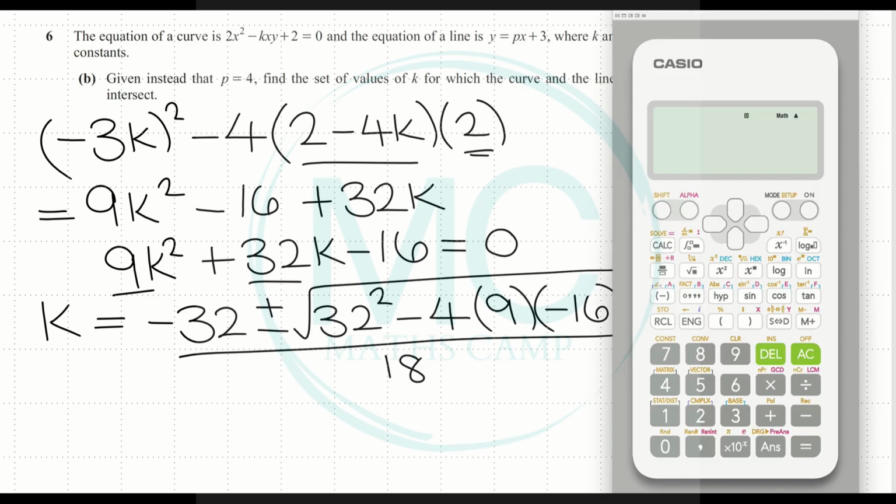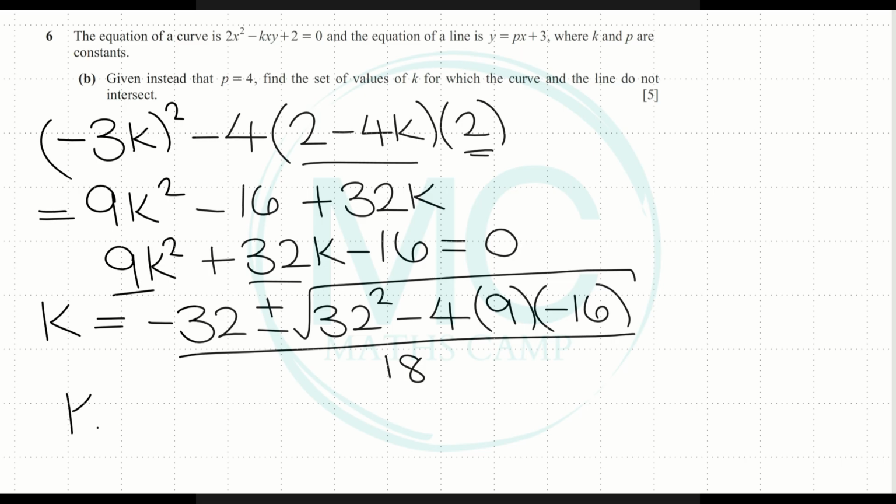Now we can find the values under the root. So let's take our calculator, and we say 32 squared minus 4 multiplied by 9 multiplied by negative 16, close the bracket, is equal to 1600. Let's square root, and we get 40.